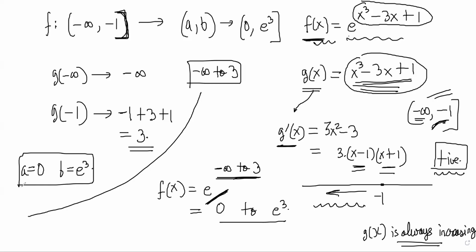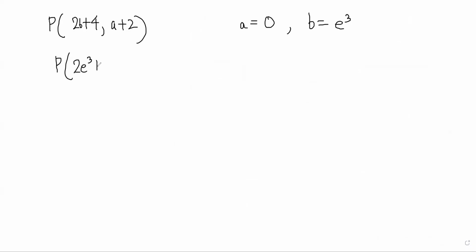Now that we have found this, we have to find the distance of point P, which was 2b plus 4, comma a plus 2, where a is 0 and b is e power 3. So the point is becoming 2 e power 3 plus 4 and 0 plus 2, so 2, right?